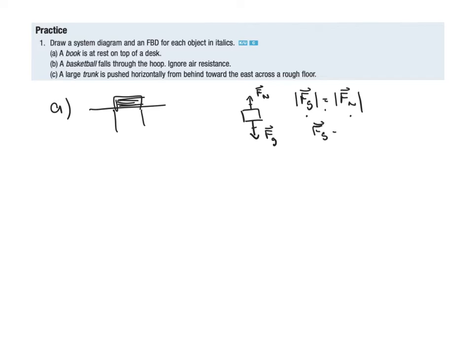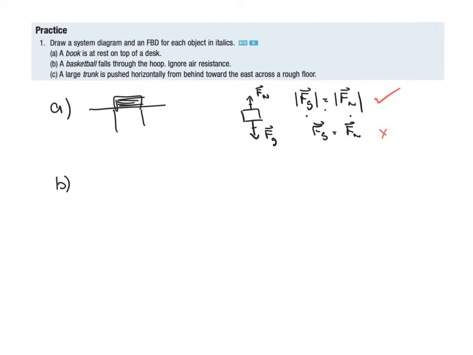If I were to just say that the vectors were equal, that would be wrong because even though they're the same size, one of them points down and the other one points up, so they are not technically equal. So you got to have the magnitude bars. That's a correct statement.